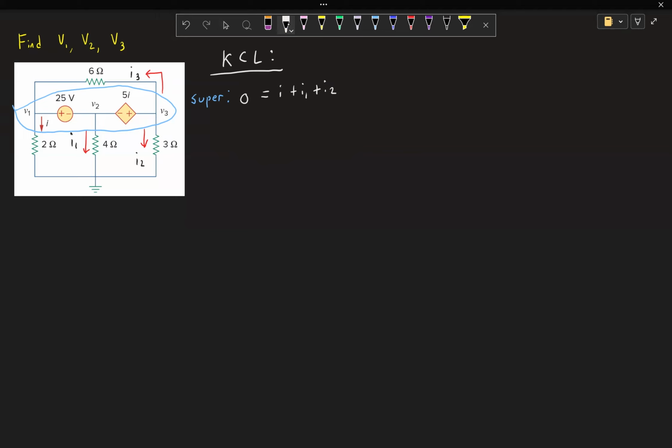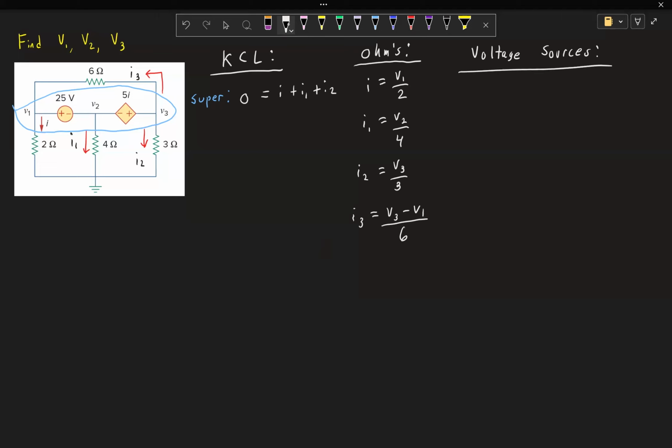So we're going to move on to Ohm's law. And as always, we'll arrive at the following equations. And then now remember, every time you do a supernode, you also have to include your equations from the voltage sources. So just like the previous example, we're going to look at our nodes.